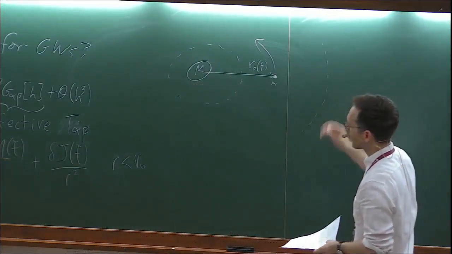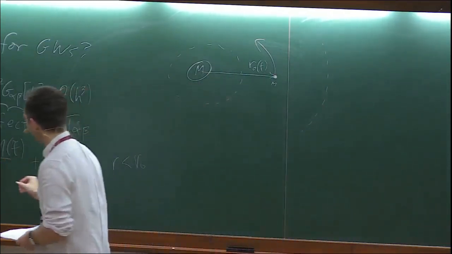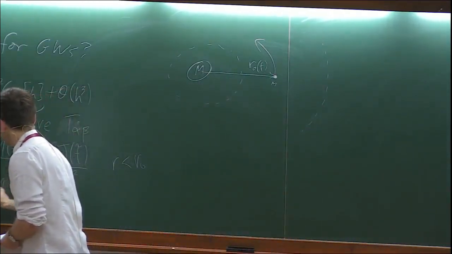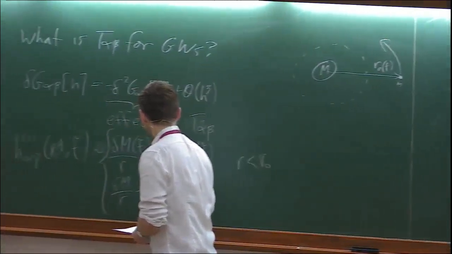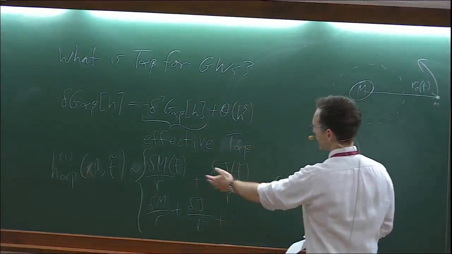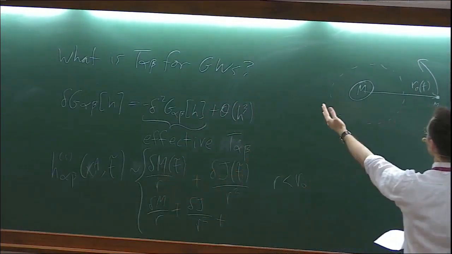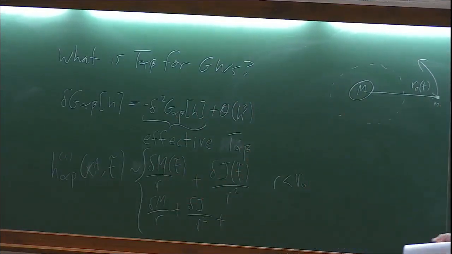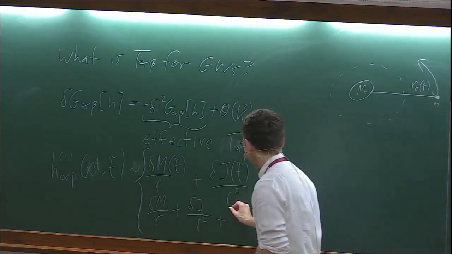And once you go out here, you're going to add additional things, which are coming from the particle. So this is very schematic. The dependence on r is basically just the leading dependence as you go to large distances. But schematically, it looks like this.